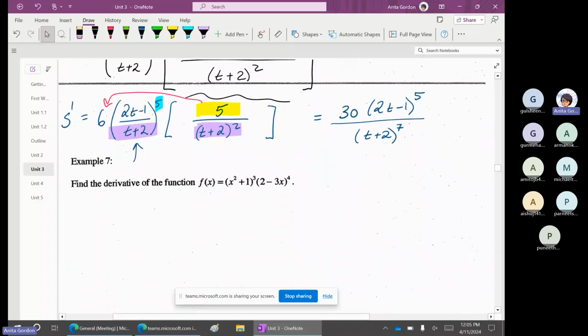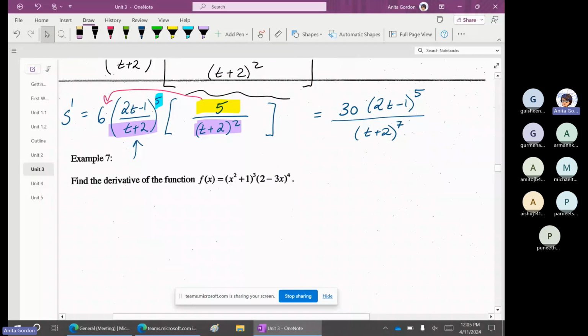Example 7. I need two rules. Which ones am I using? Product rule and chain rule. I'm going to do this one quietly. I want you to work ahead of me, okay? A reminder that the product rule is f prime g plus fg prime.